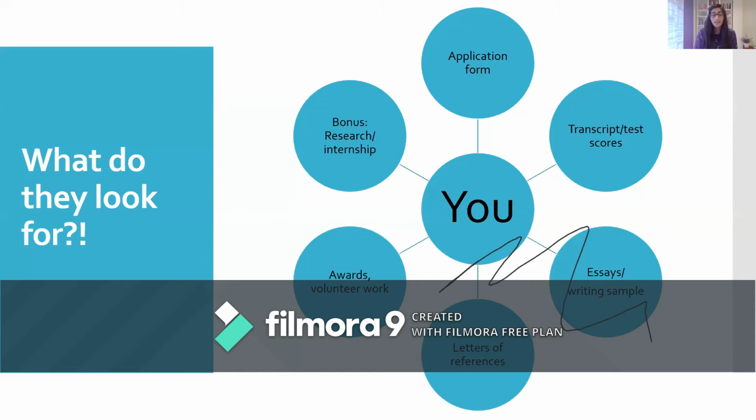All right, next is letters of reference. A letter of reference is the letter that you would ask either your professor or someone from your workplace to write for you. Letters of reference are also in the application. So if you go to the website, they will have a letter of reference option.